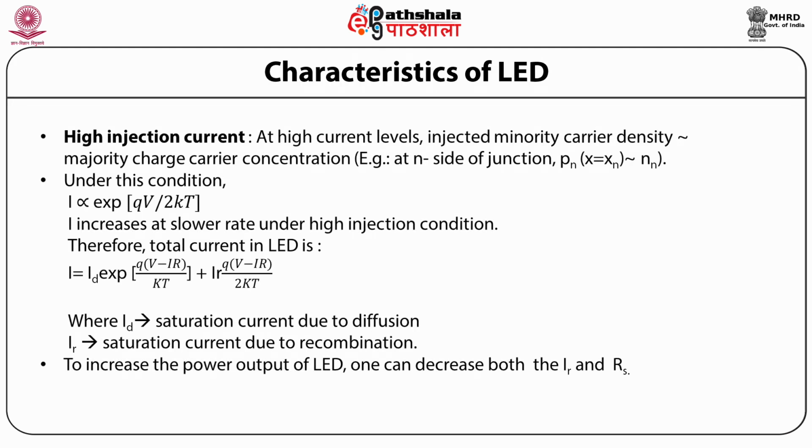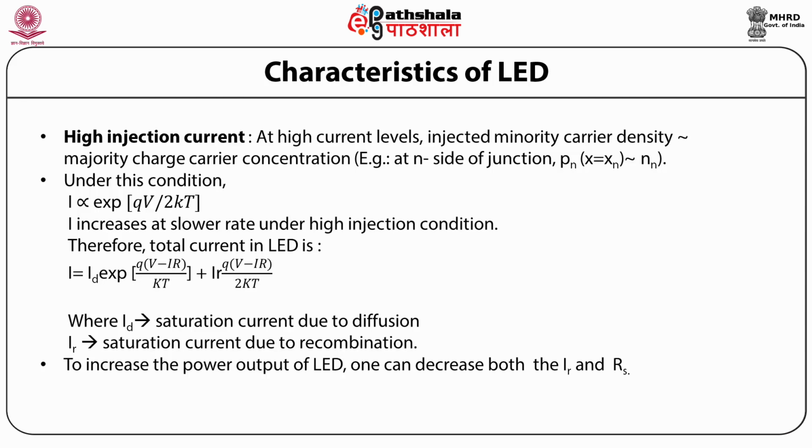Next is the high injection current. At high current levels, the injected minority carrier density is approximately equal to the majority charge carrier concentration. So under this condition, I is proportional to exponential q V by 2 k T. So I increases at a slower rate under the high injection condition.